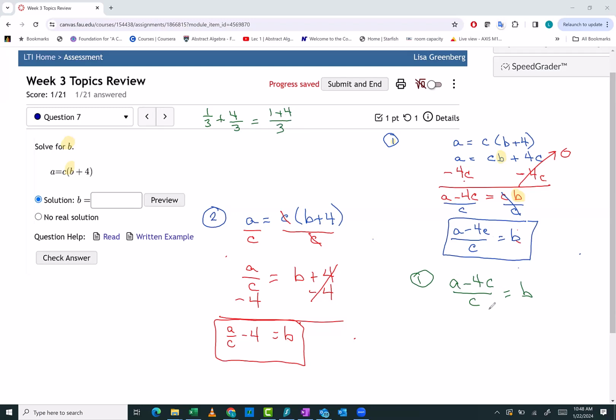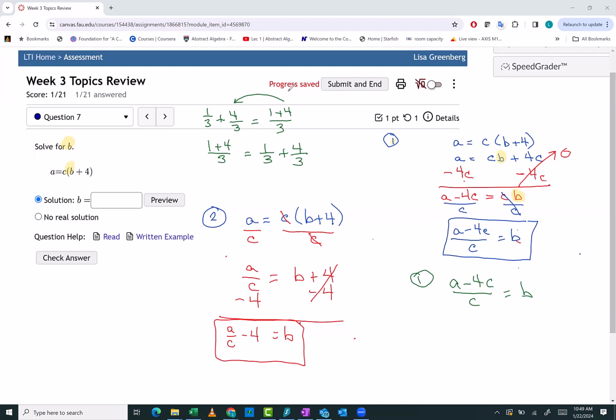Well, I have something similar here, only I'm going from this direction to this direction. If I start out with 1 plus 4 over 3, that's equal to 1 over 3 plus 4 over 3, which is what we're going to be doing. All I did to make this happen is flip both sides of the equal sign.